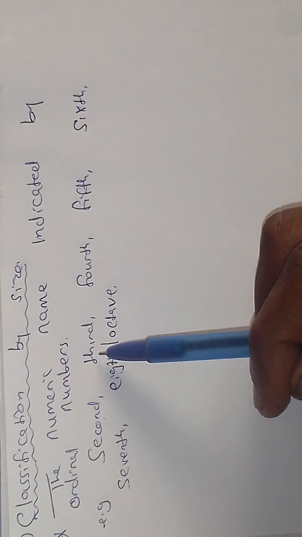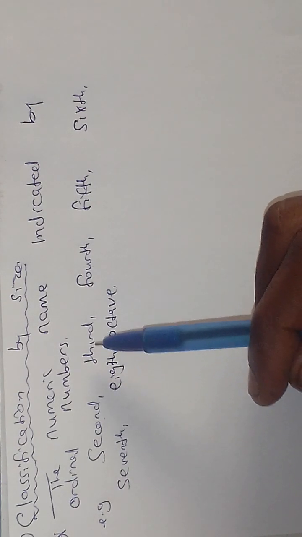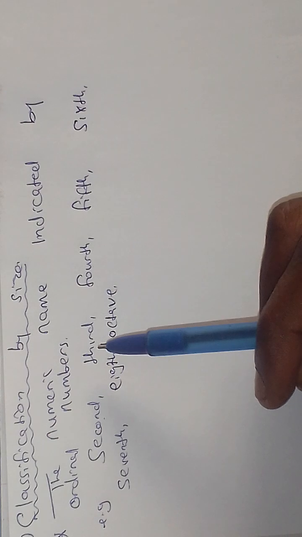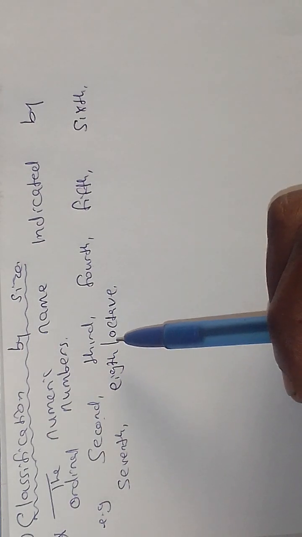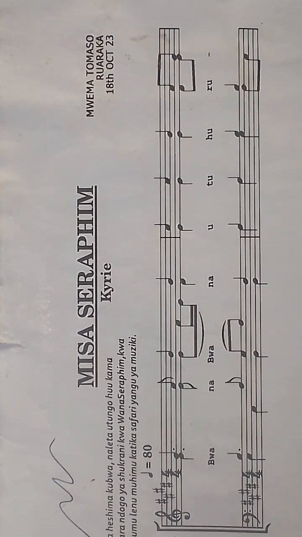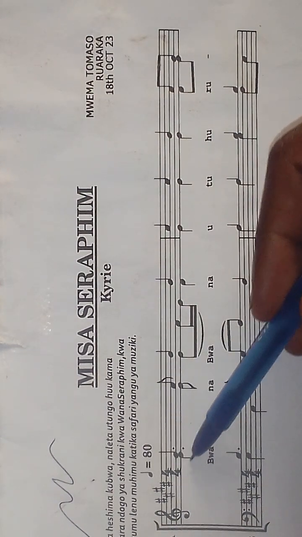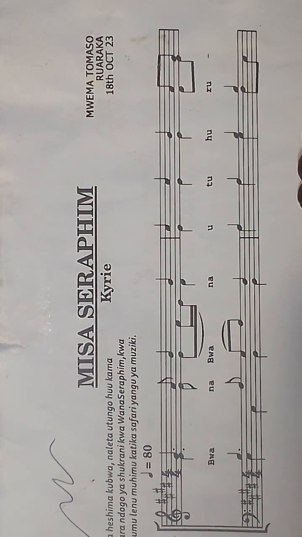Given a score like the one on the screen, to determine the interval between notes, for example, these 2 notes, the interval is determined by counting the total number of lines and spaces between the 2 notes.